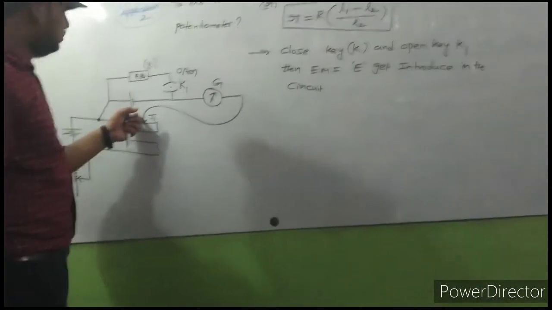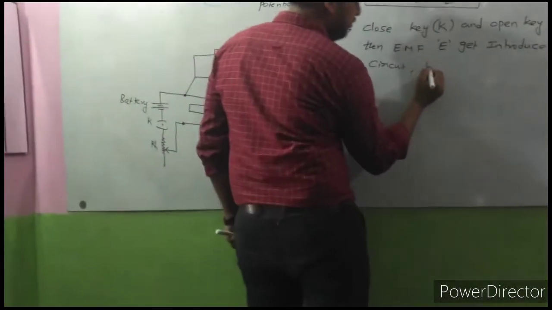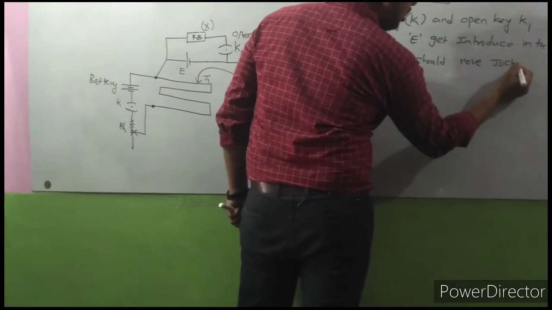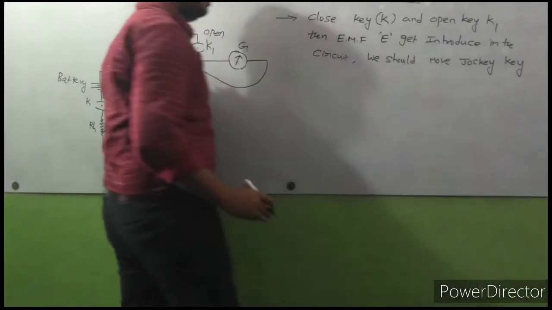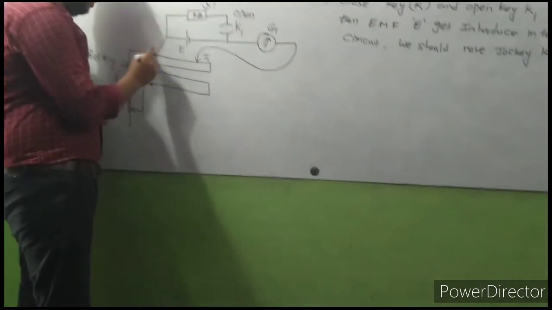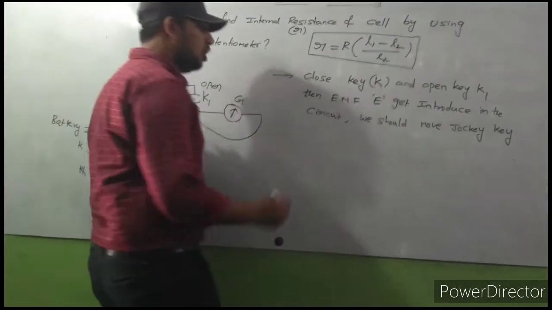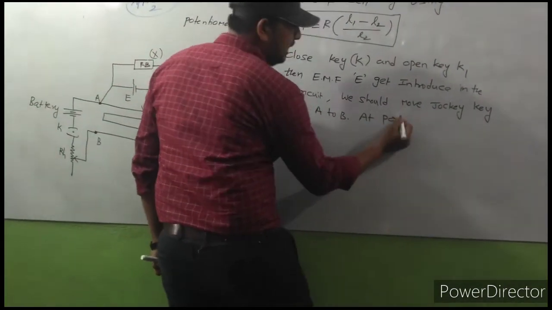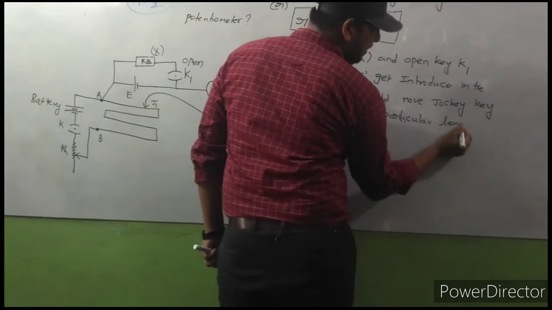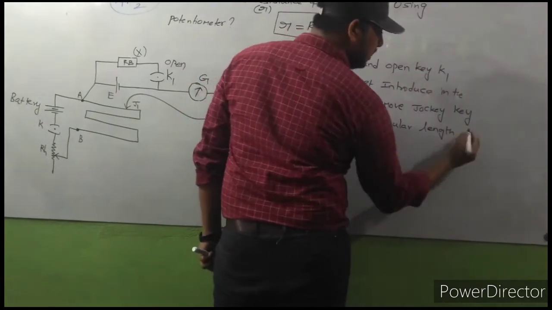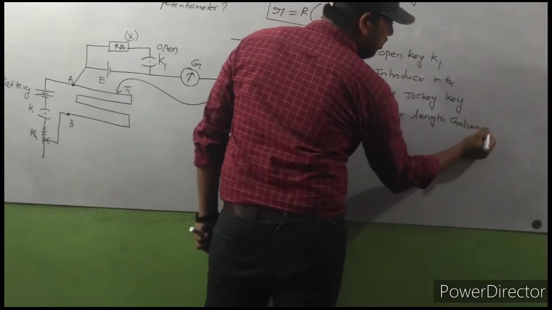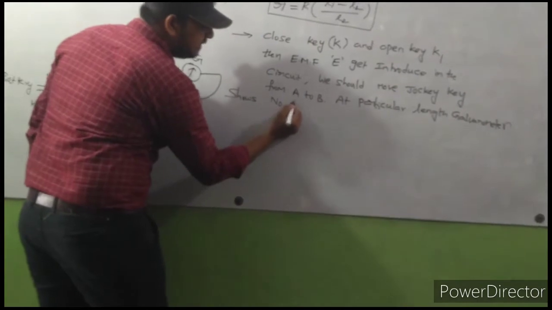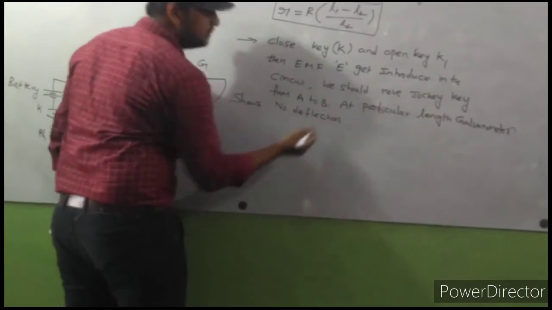Then how to find it, if you introduce E? We should move the jockey key from end A to end B. We move the jockey key from A to B until, at a particular length, the galvanometer shows no deflection.